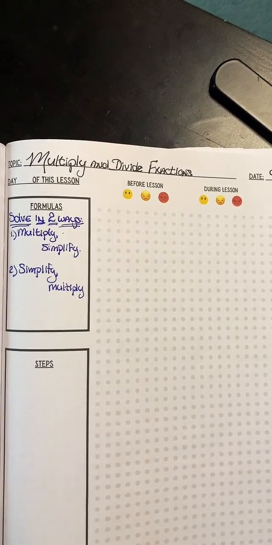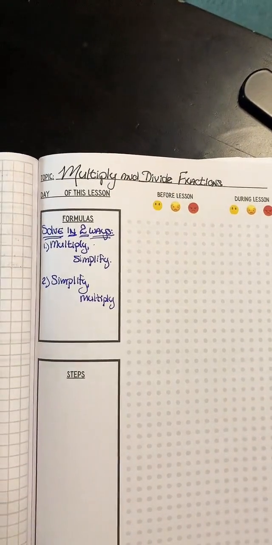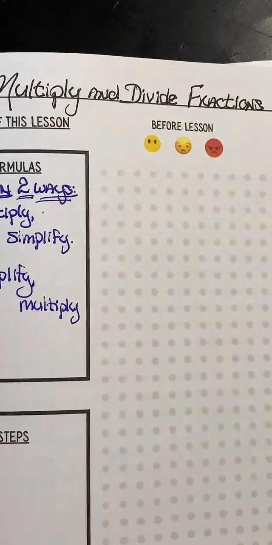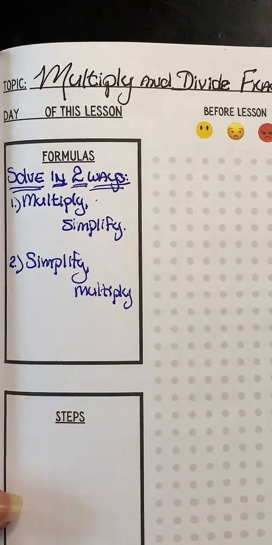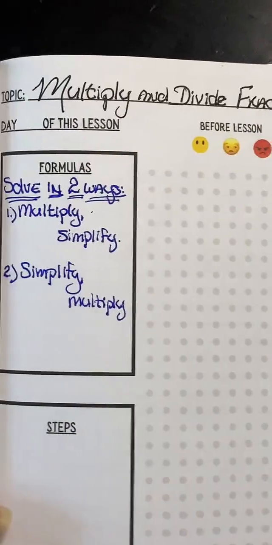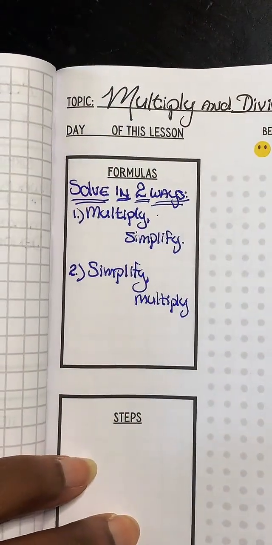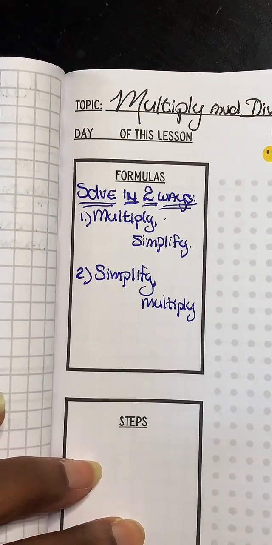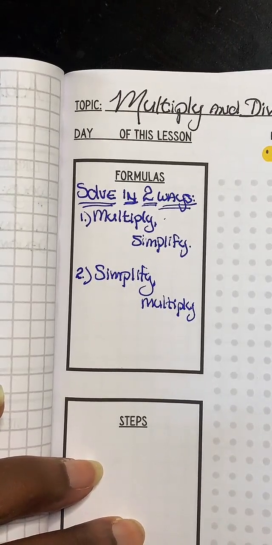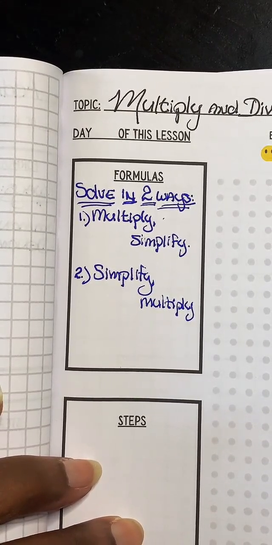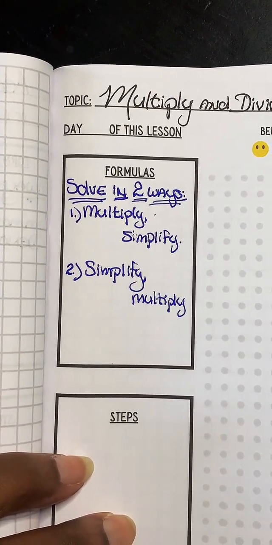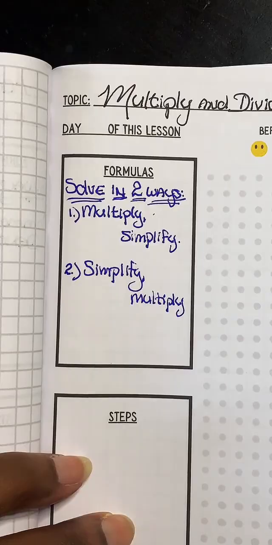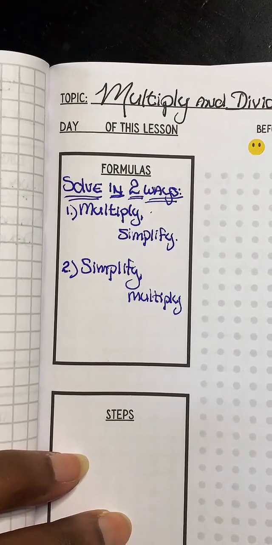As we get started, a couple things that you need to know when you're multiplying and dividing fractions. One, you do not need a common denominator, so that's major. You can do it one of two ways. Either you can multiply straight across, horizontally, and then simplify the fraction, or you can simplify the fraction and then do your multiplication.